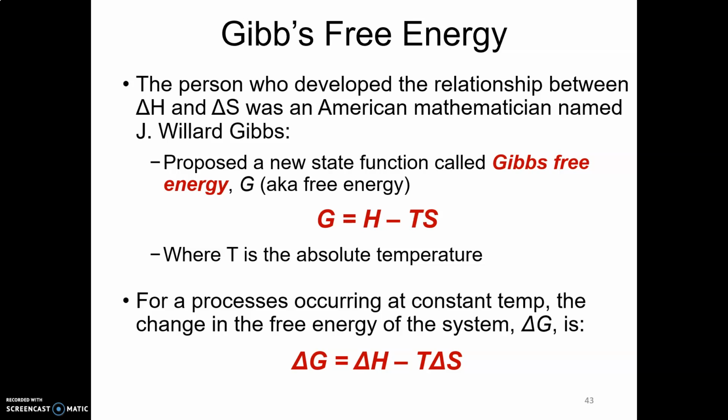We are talking about isothermal processes. So just T times delta S, change in entropy. So delta G equals delta H minus T delta S. You should know that equation. That is a huge equation. You should memorize it. Add it to your list of things that you memorize.